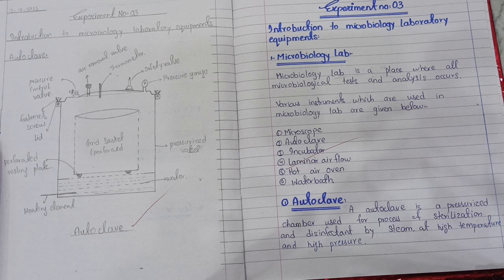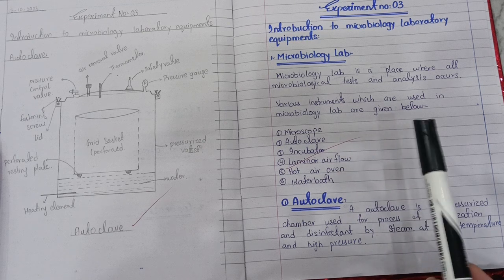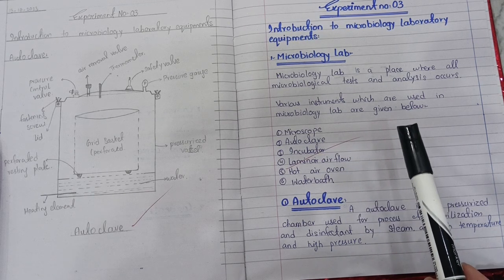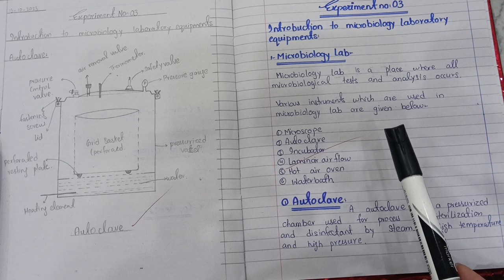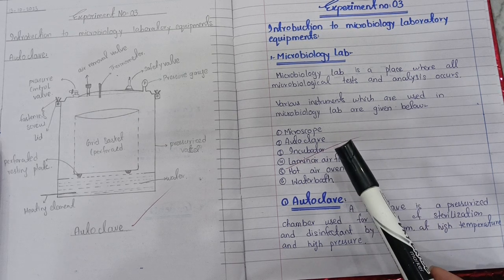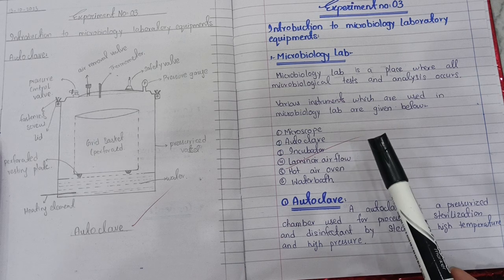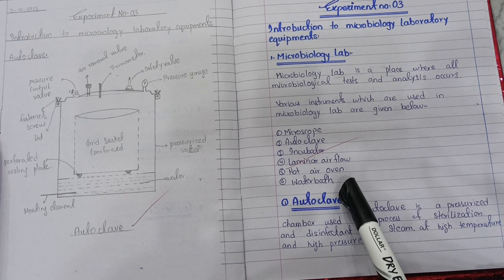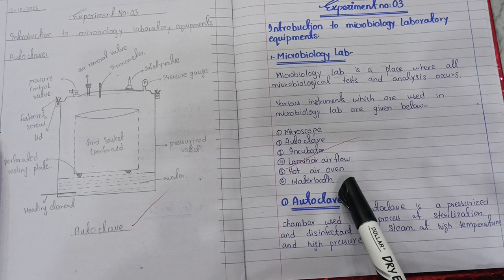So first of all, the microbiology lab is a place where all the microbiological tests are performed and analysis of these tests occurs. Various instruments used in the microbiology lab are given below.